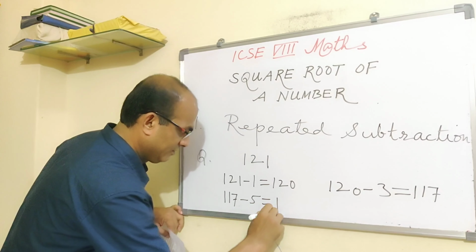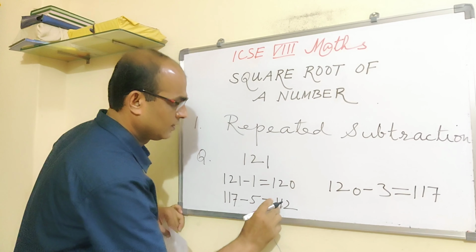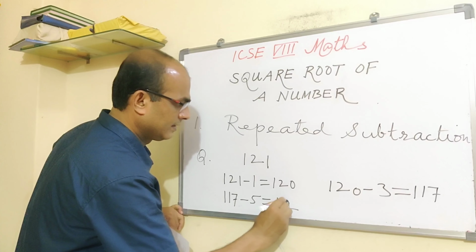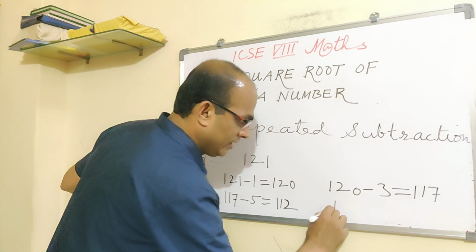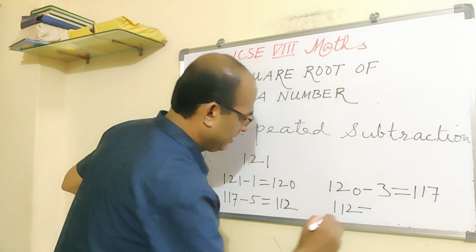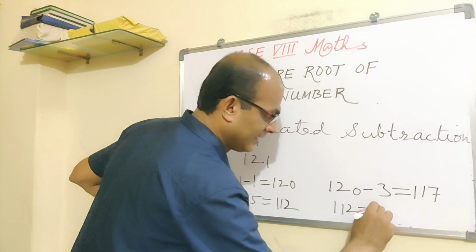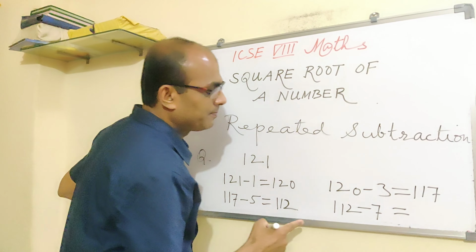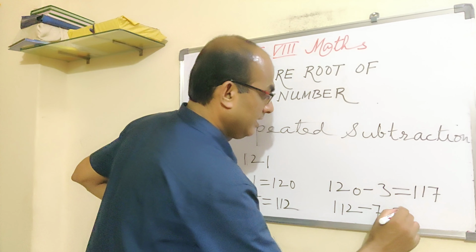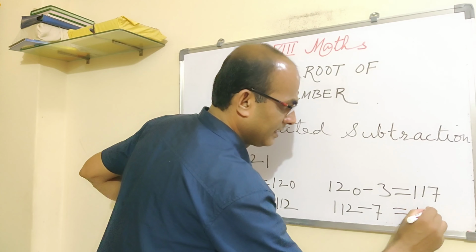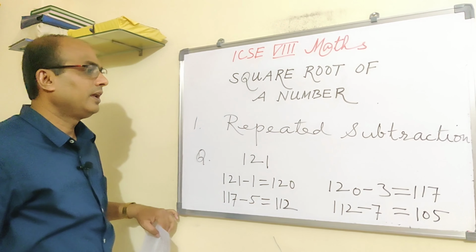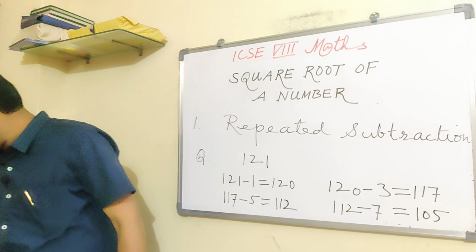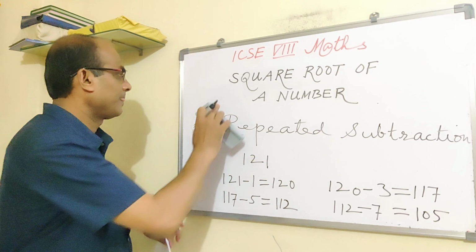So then we get 112. And then from 112 we subtract 7. And then we are getting how much? Is it 105? It is 105.